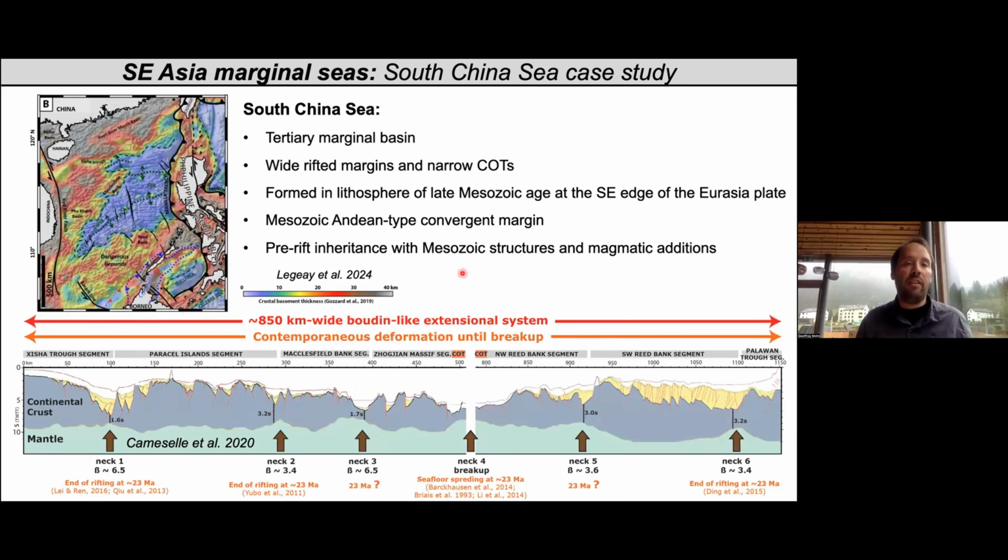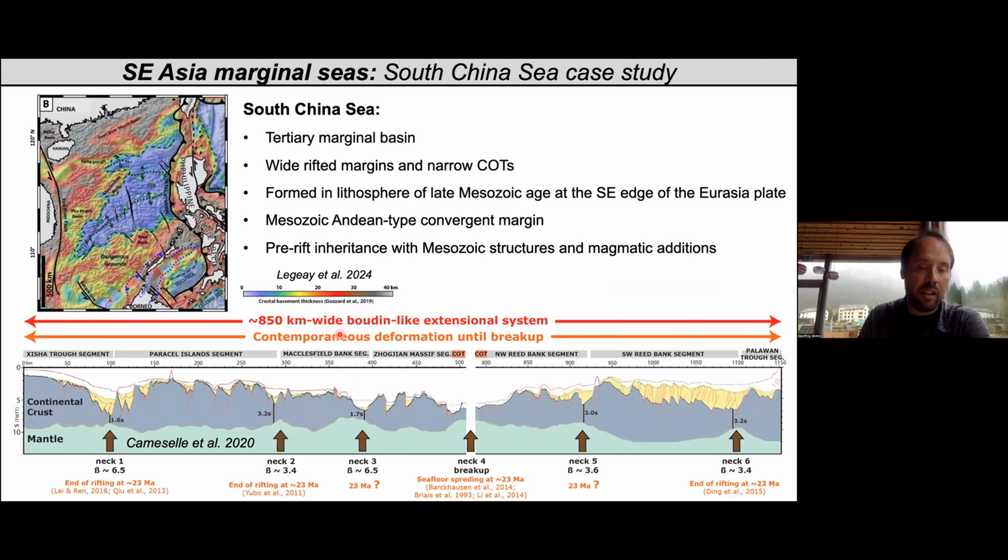This marginal sea is a Cenozoic marginal basin characterized by a very wide rifted margin, as you can see in the figure below, where the margin can be more than 850 kilometers wide, with a kind of pinch and swell or boudinage structure, where you have a basement high, then a basin, then a basement high again, a succession of boudinage at crustal scale. This margin developed over a former Mesozoic active continental margin, and it is therefore associated with a strong pre-rift inheritance.